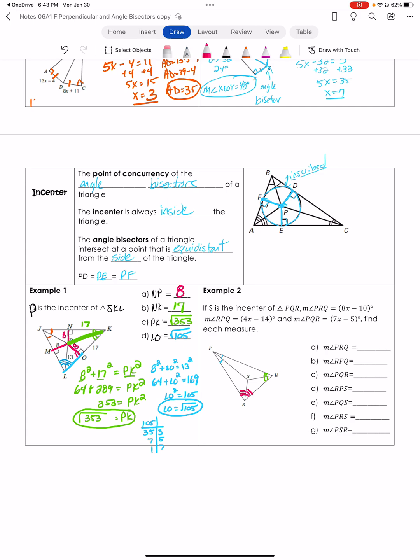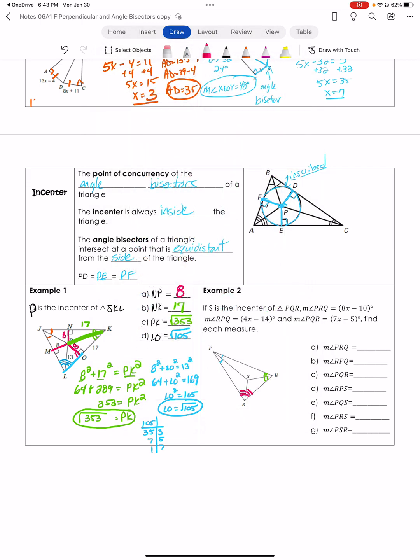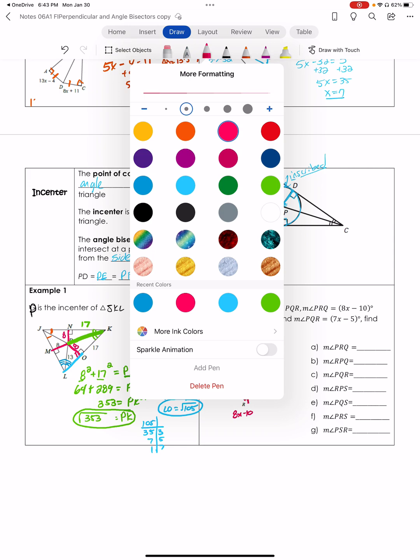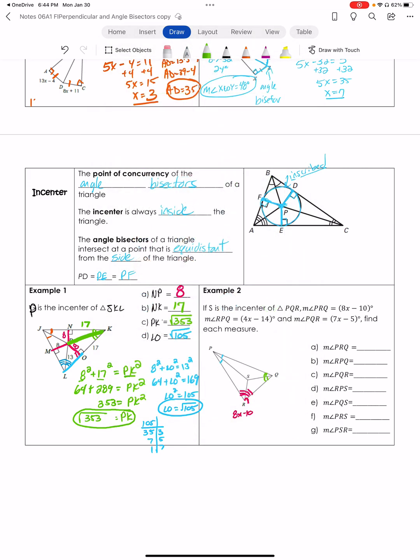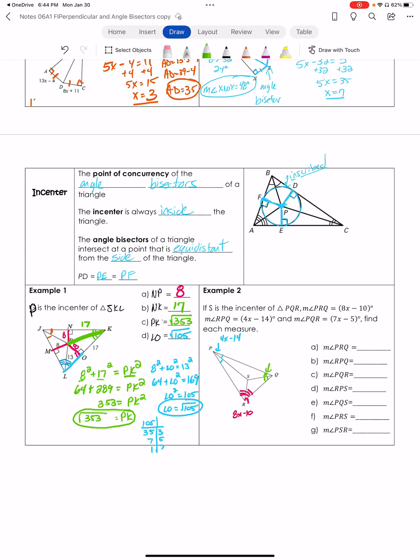It says that PRQ, so this big pink angle, so this angle right here, the whole angle, is 8x minus 10. It says that RPQ, this whole angle right here, is 4x minus 14. And this angle right here, PQR, is 7x minus 5.